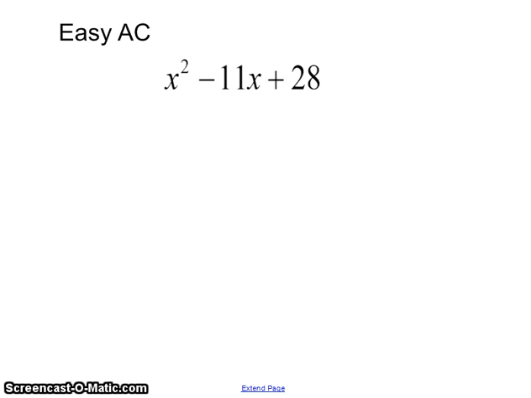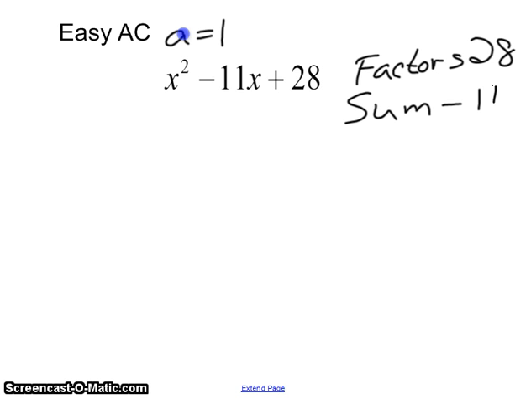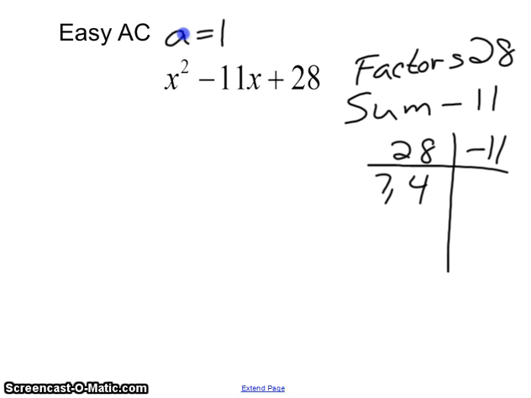Easy AC. This problem has no GCF. There is no number greater than 1 that divides into each term evenly. The leading coefficient is 1. That's what makes it an easy problem. I'm going to find factors of 28 whose sum is negative 11. Let's see, 7 times 4 is 28.